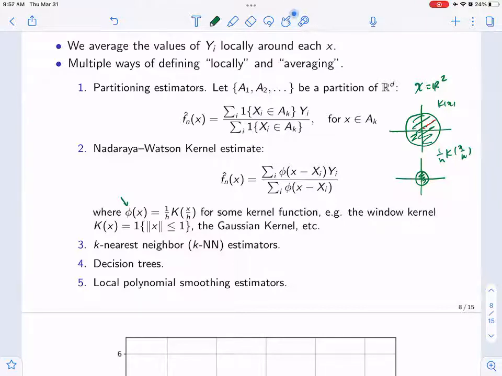So this is phi of x basically, and then I translate it to point xi, maybe here. And so this is going to be 1 over h here, and then 0 elsewhere. And so it captures basically every point that is in this little ball here.